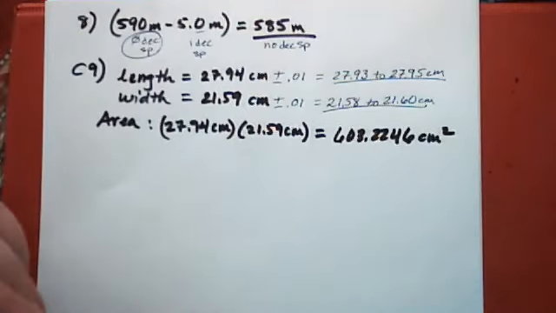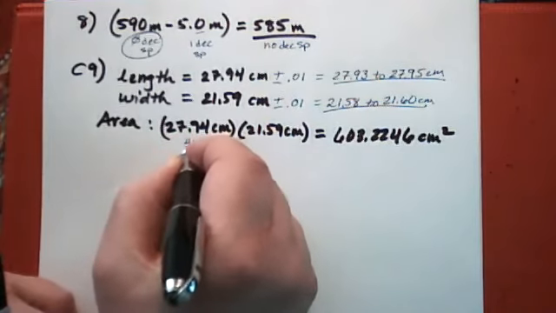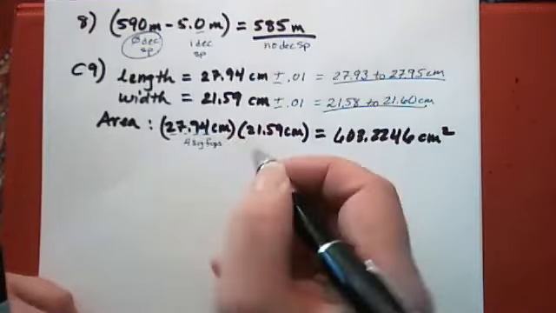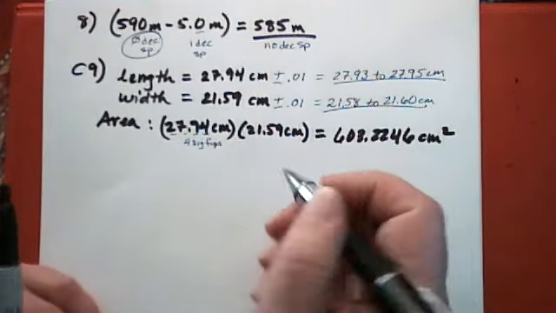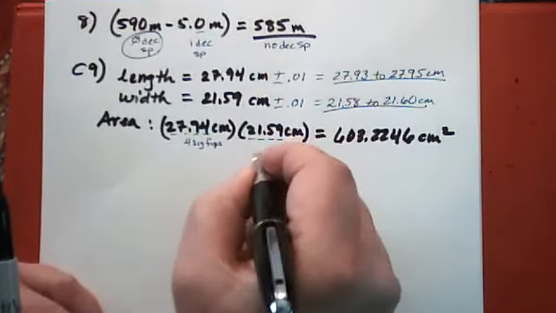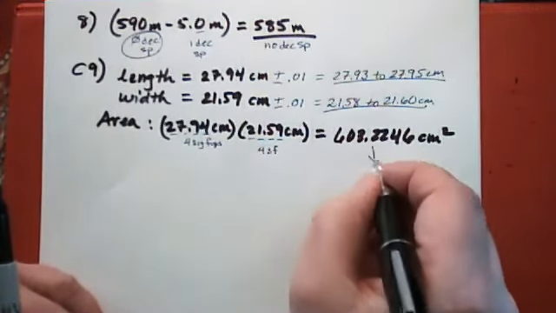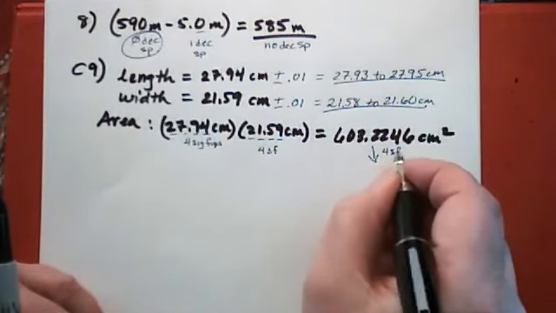Now, in significant figures, that's way overboard. This number here, 27.94, has 4 significant figures. 21.59 also has 4 significant figures. That means the answer should have 4 significant figures.